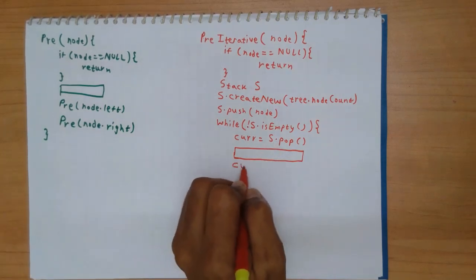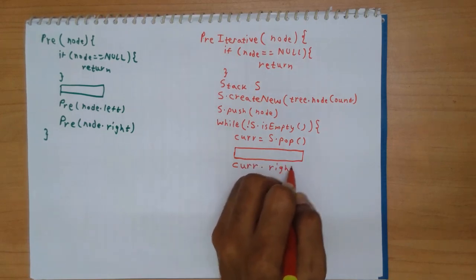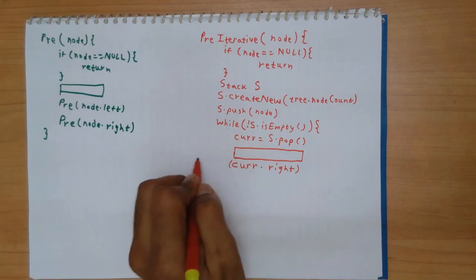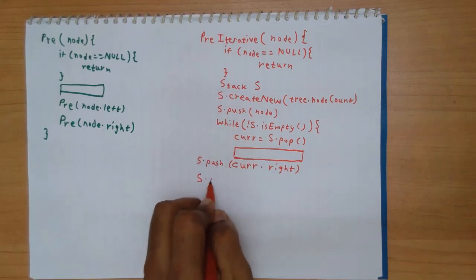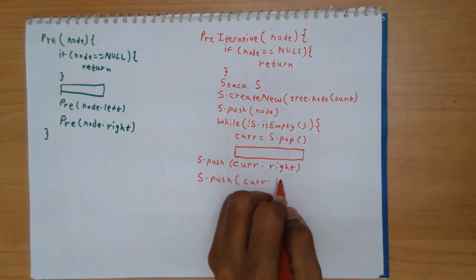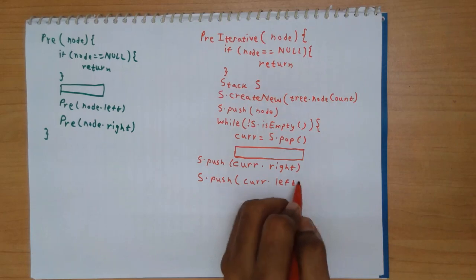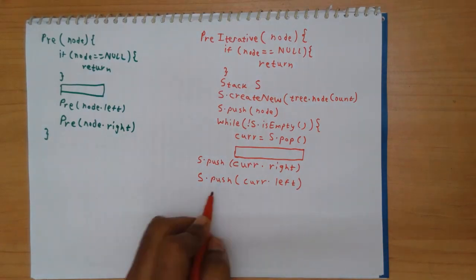So I will take current dot right and push it onto the stack, and then S dot push, I will take current dot left. So the right goes below and on top of it comes the left, and then I'm done.